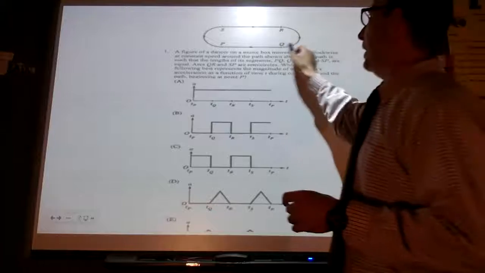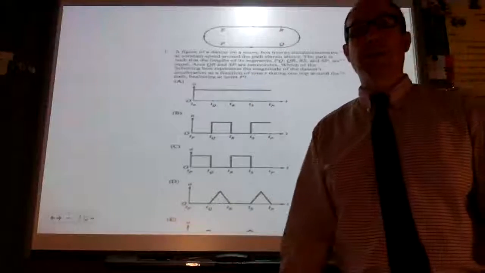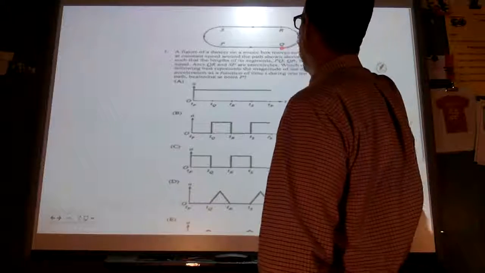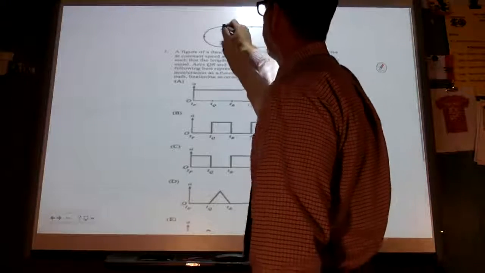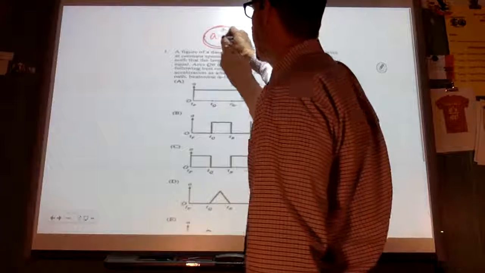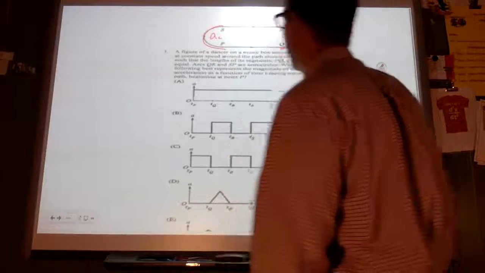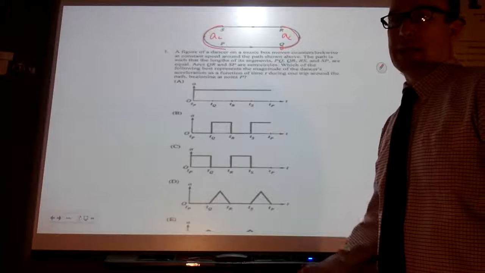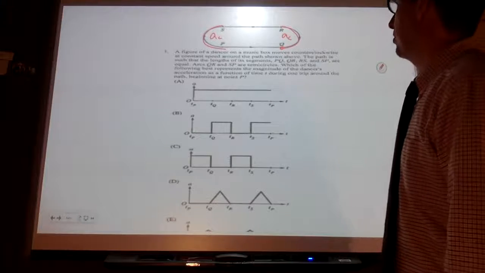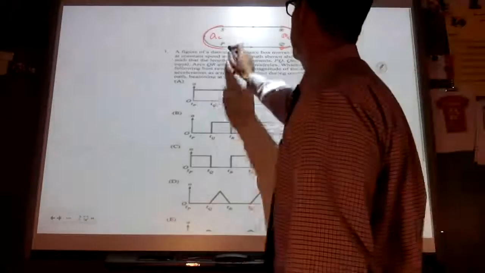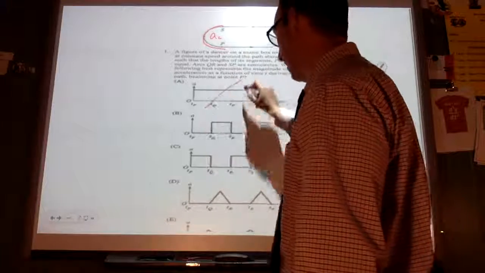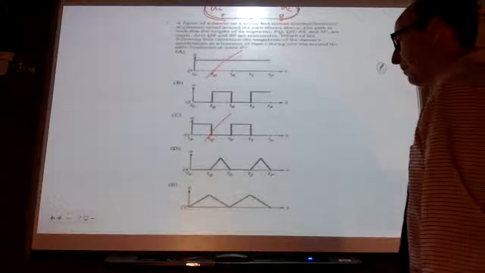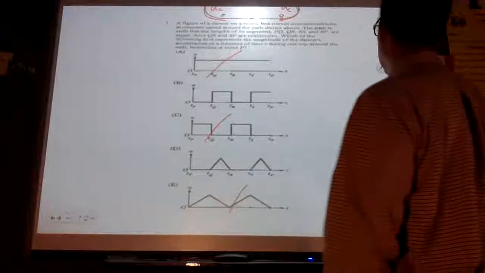All right, so if it's moving at a constant speed, it's only going to accelerate when its direction is changing. And so that's going to be from Q to R and from S to P. So these would both be centripetal accelerations, and they would be constant. That's supposed to be like a half circle there. And so we start at P. P to Q is nothing, so that one doesn't work.